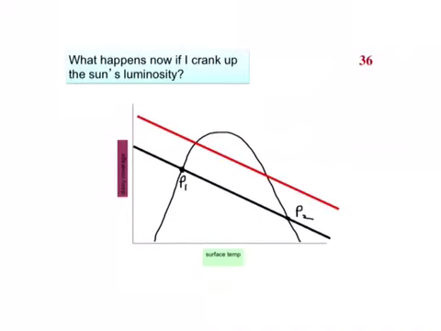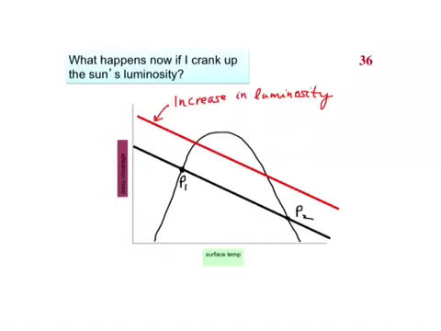So this red line represents our increase in luminosity. Nothing changes about the relationship from surface temperature to daisy coverage. Daisies still grow at the same optimum temperature, and so we don't need to do anything to the hump-shaped curve.